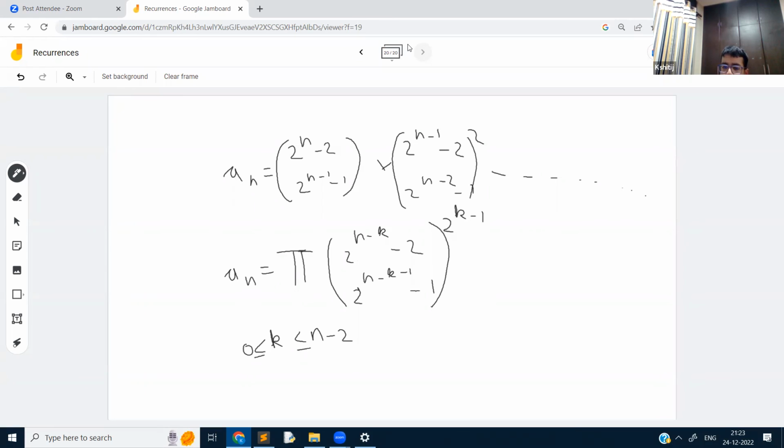So did you all understand how I expanded the equation? If there are any typos, you can tell me. I basically expanded the recurrence again and again. So did you all understand this part?